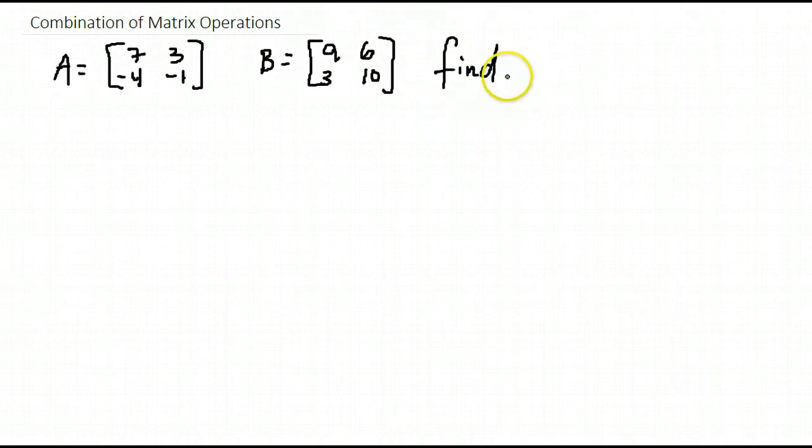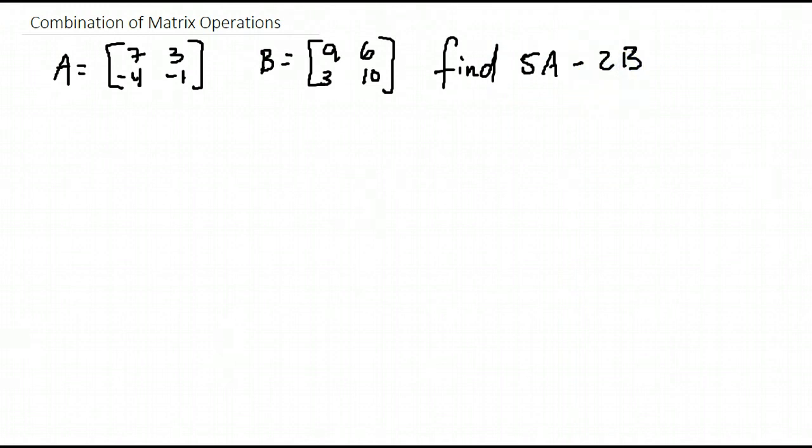And B equals open matrix, first row of 9 and 6, second row of 3 and 10, closed matrix. And we're asked to find 5A minus 2B.